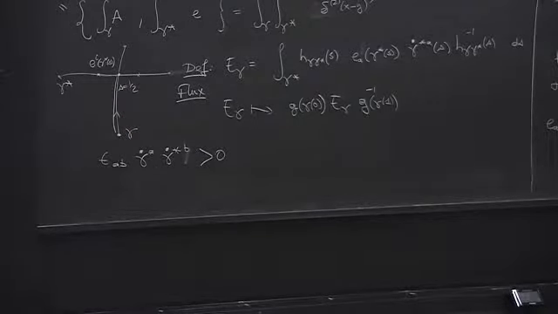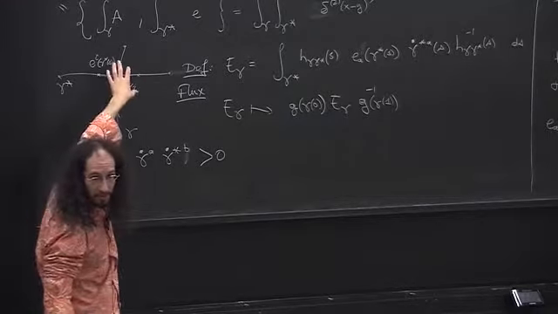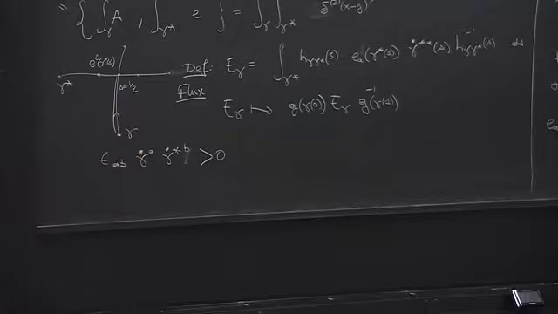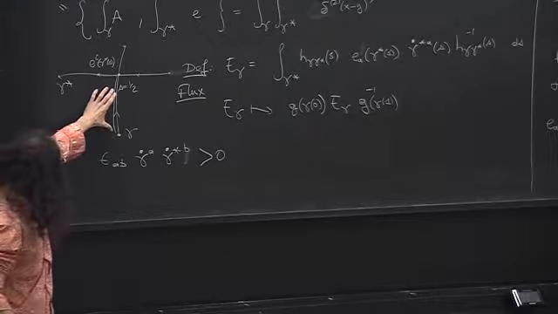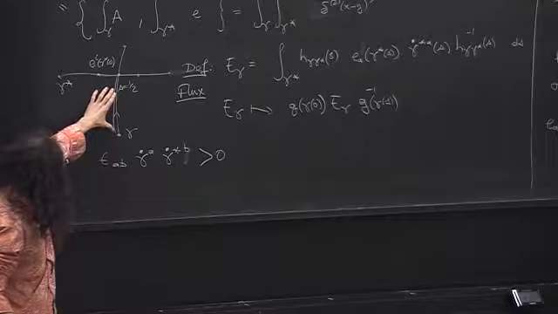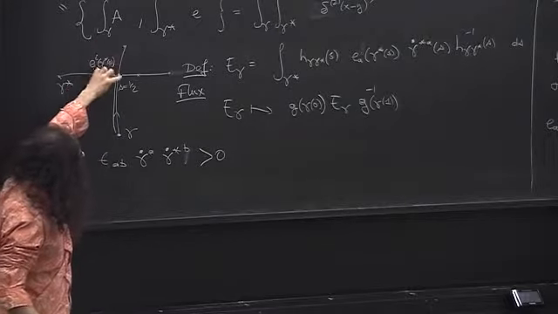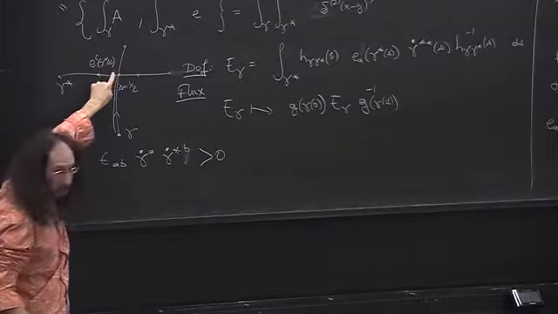I can choose it because the holonomy is invariant under reparametrization. So I'm going to isolate the part of the holonomy H gamma that is here and focus on what's near the crossing.